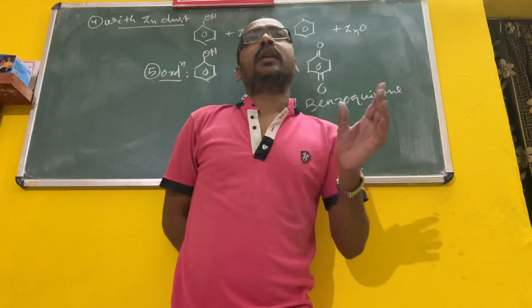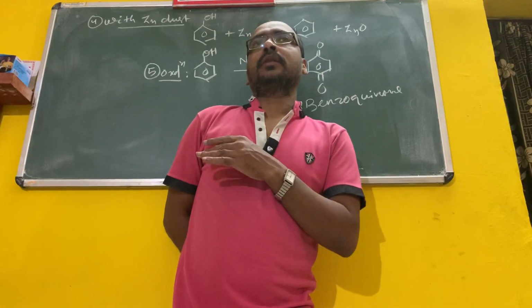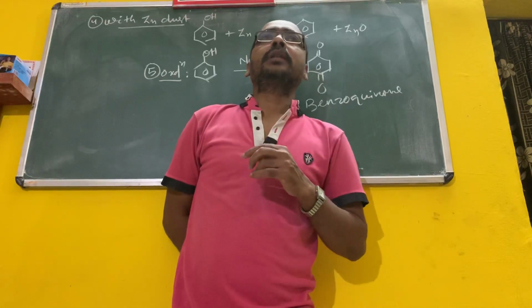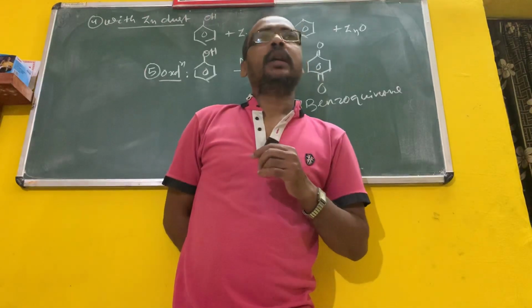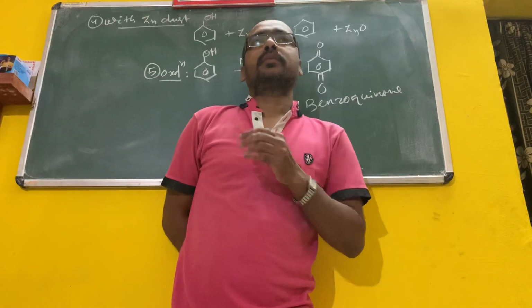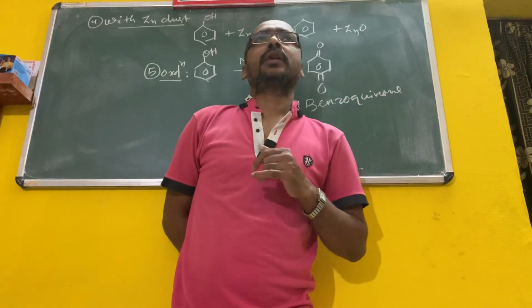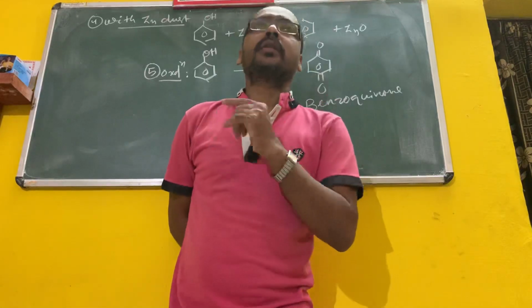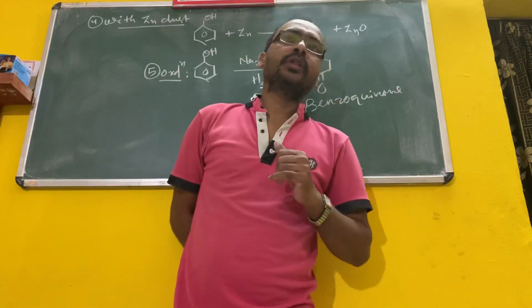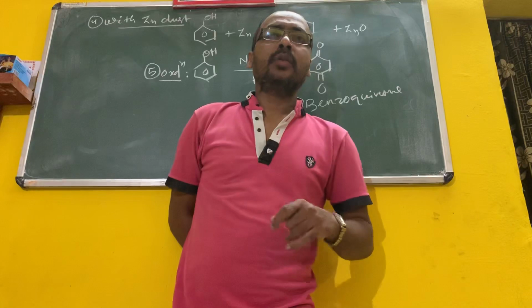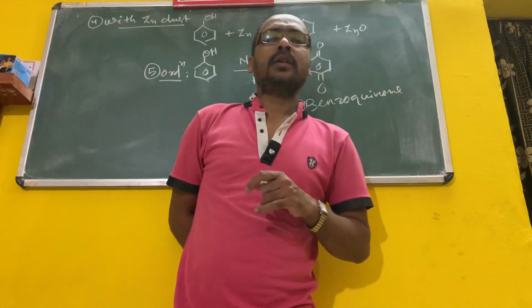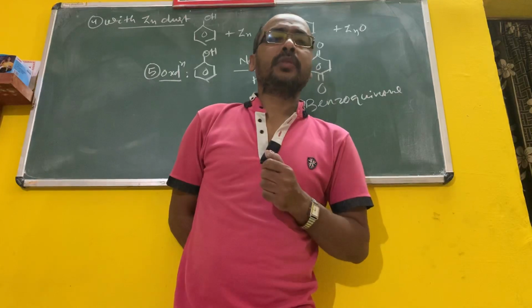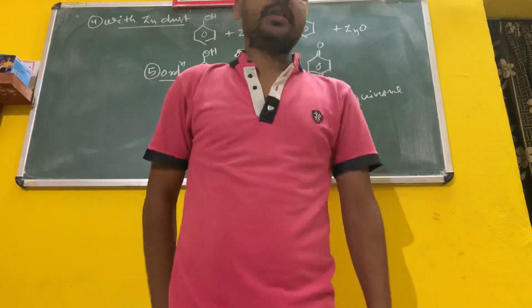Then video number 12, today's class, reactions of phenols: electrophilic substitution reaction, Kolbe's reaction, Reimer-Tiemann, oxidation, reaction with zinc dust. You have to remember the mind map. In the next class we will discuss preparation of ether and chemical properties of ether. Okay, thank you. See you again. Bye bye.